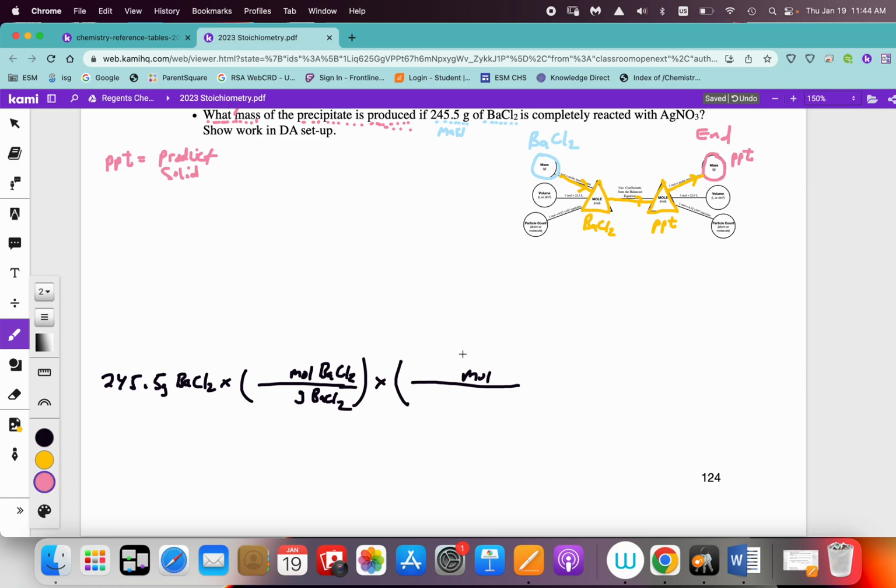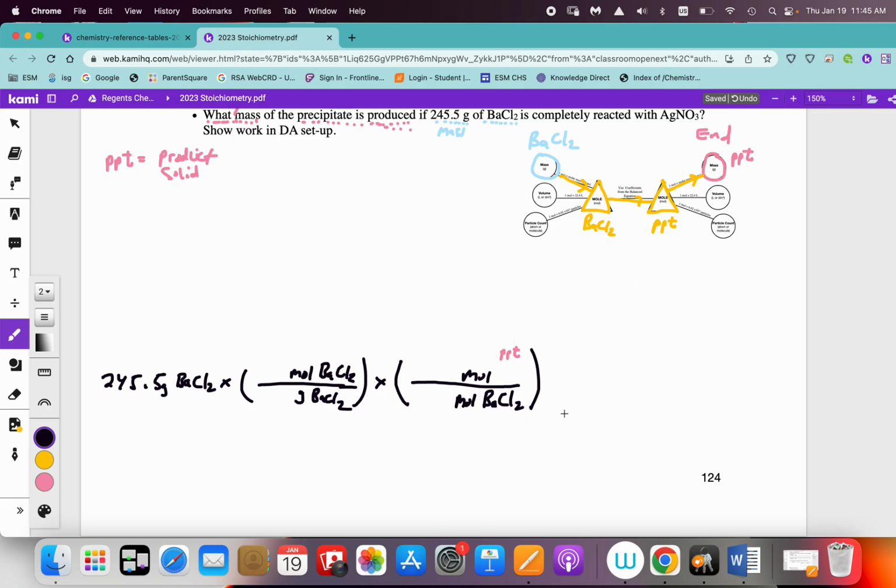Up here, I'm going to write a little note: I need to know something about the PPT, right? I need to know which of the two products up there it is. I'm coming away from moles of the barium chloride, so moles of barium chloride will be gone.